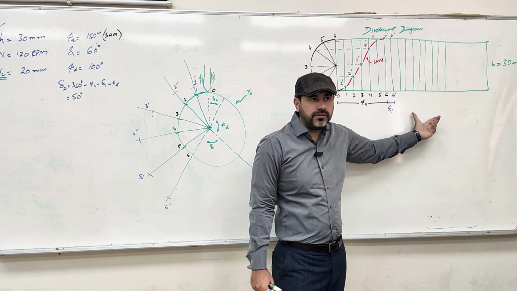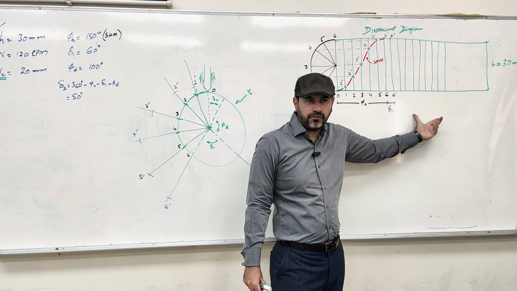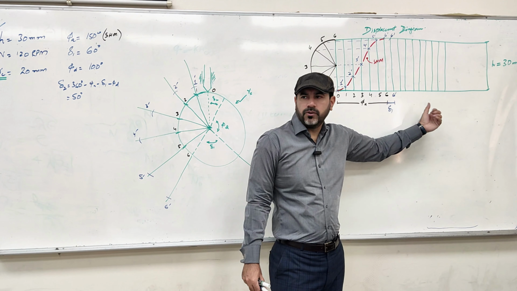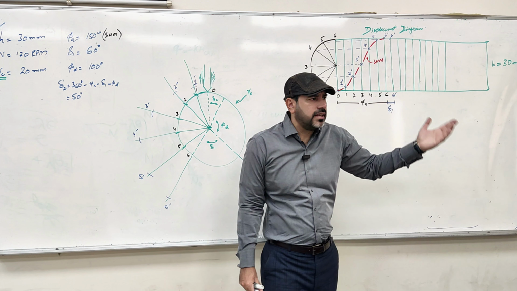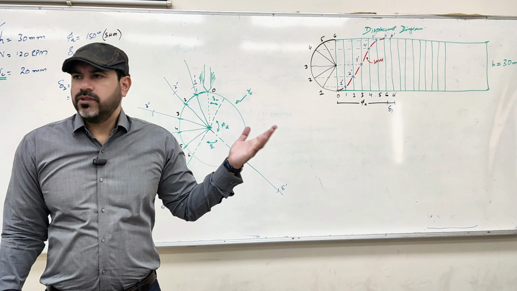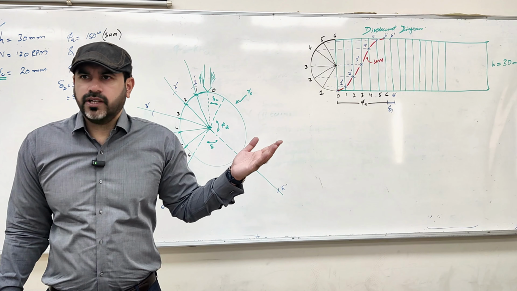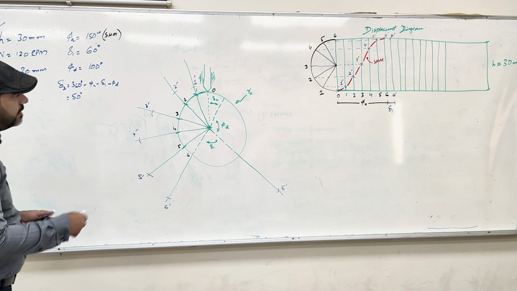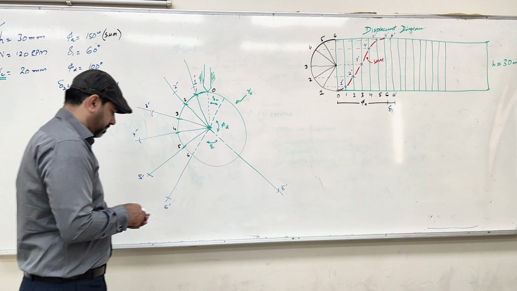But now here we have to use another technique to get the uniform velocity. So it's up to us. We can make more divisions and we can make fewer divisions. If the angle is too high, 120 degrees or something like this, then probably you can think about getting more divisions. But just for the solution, we stick to the 6.